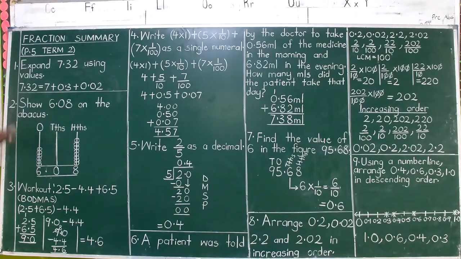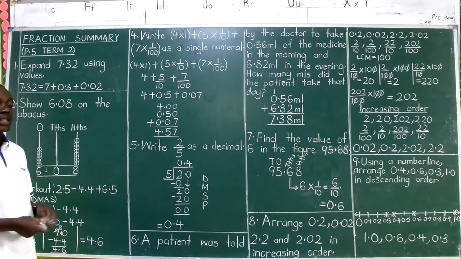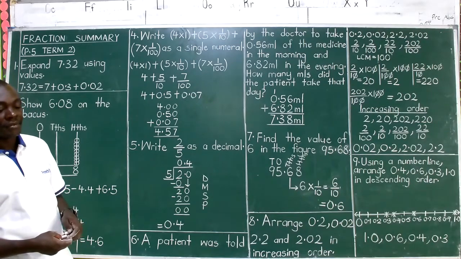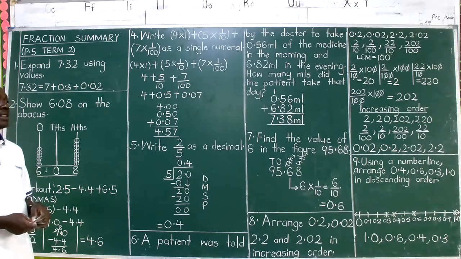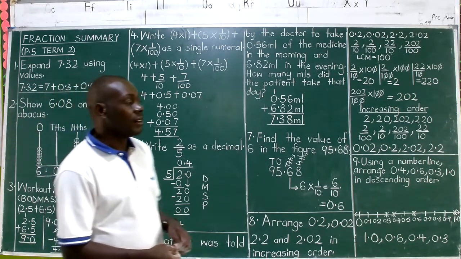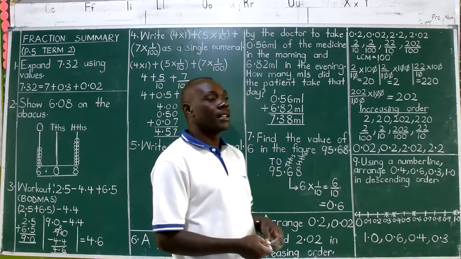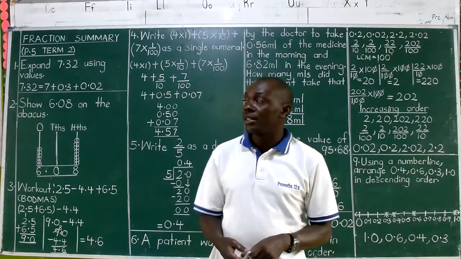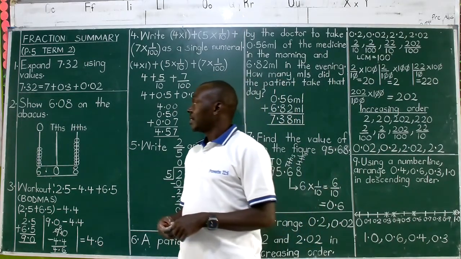As you go to example number 2, show 6.08 on the abacus. The abacus is also known as a counting frame. Now, drawing the abacus depends on the base in which the question is set.